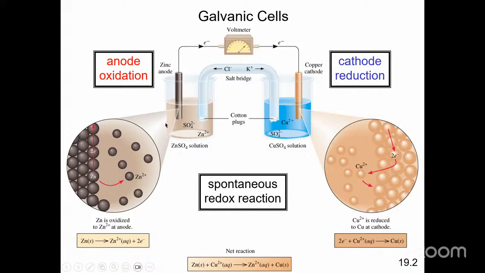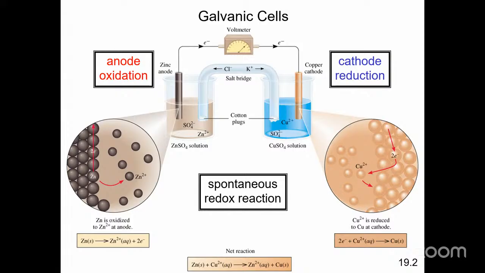So in the case of the zinc electrode, it's an anode because it undergoes oxidation. This is the reaction right here. The zinc metal actually just dissolves to form zinc 2+ ions, right? Now there are some instances, and we're going to see this immediately after the next slide, where the metal electrode is inert. In other words, it does not react itself, not like zinc. Zinc is reacting in this case.